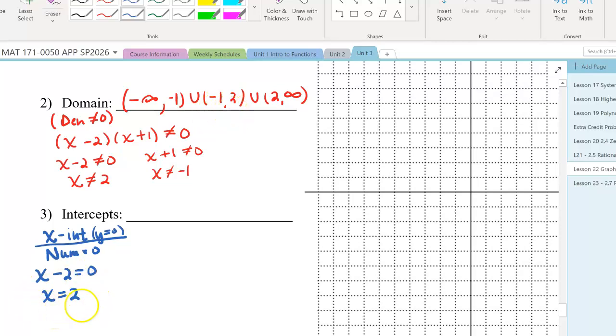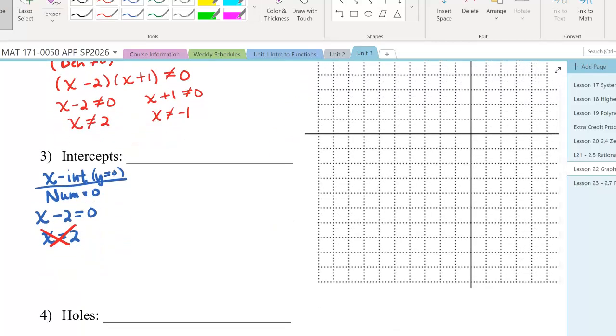And look, I got 2 as an intercept. However, 2 makes the bottom 0. So I cannot use this x-intercept because it's not in the domain. So there are no x-intercepts.